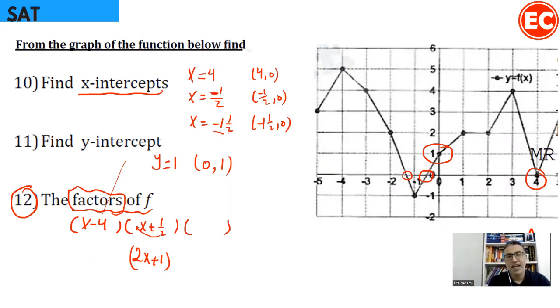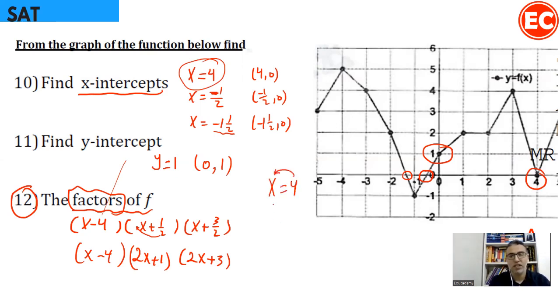And finally, negative 3 over 2 can be written as positive 3 over 2, so we write it as 2x plus 3. So x minus 4, 2x plus 1, and 2x plus 3 are called the factors of the equation. Instead of writing x is equal to 4, I move the 4 inside, so it's x minus 4 is equal to 0.